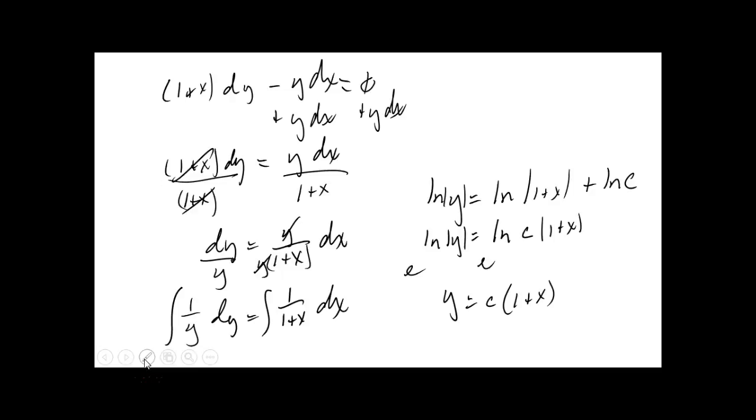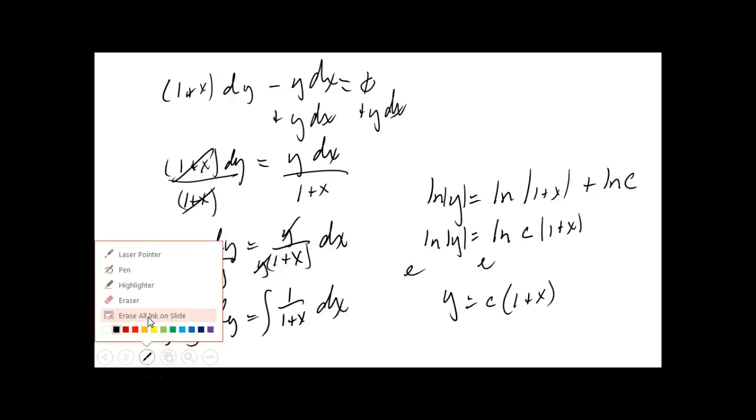And then you see that you have a slope of c and a y-intercept of c. And as long as you have that, you can draw your family of curves. Okay.